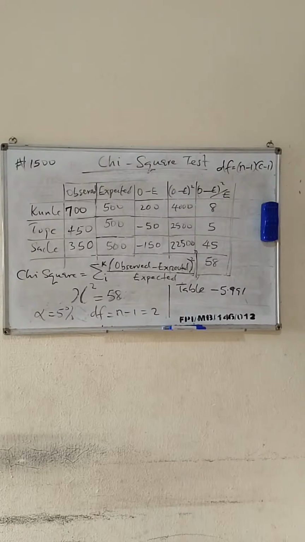No. Degree of freedom is 2, and alpha is 5%. Check under 5%, and then under degree of freedom 2. 5.991. That's what you have. Can everybody check and confirm? 5.991, yes. I can see many people typing 5.991 now.